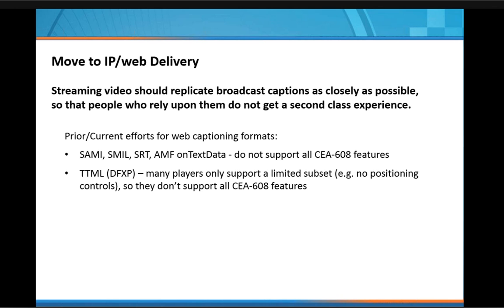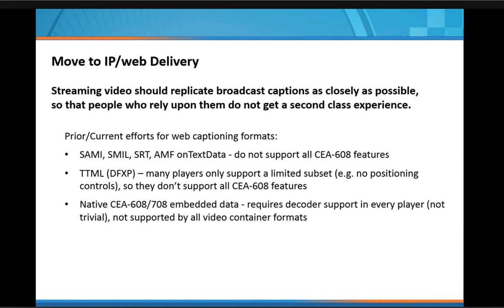In fact, prior to SMPTE Timed Text, most of the TTML players that I've seen out there ignore the positioning information, they ignore a lot of the special formatting settings. So even if your source file contains that information, once it gets to the end user, they're not getting the same look and feel as the TV broadcast captions. So that would not be considered compliant with the FCC regulations.